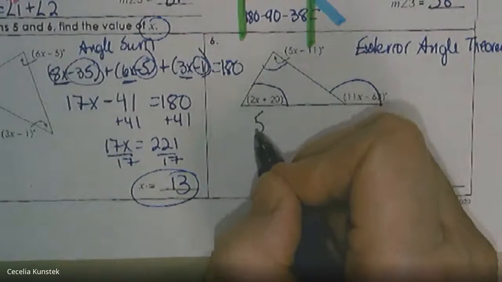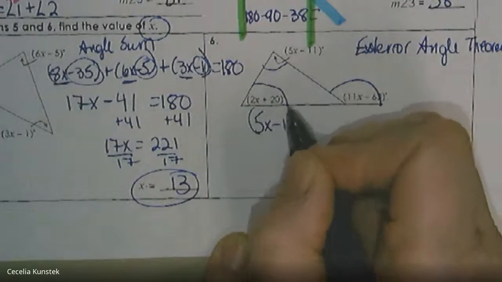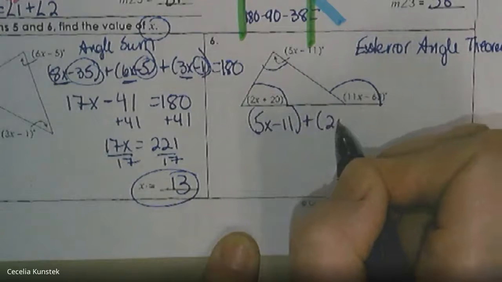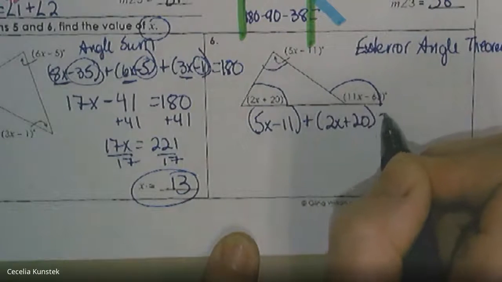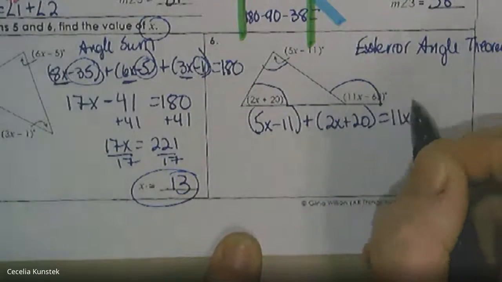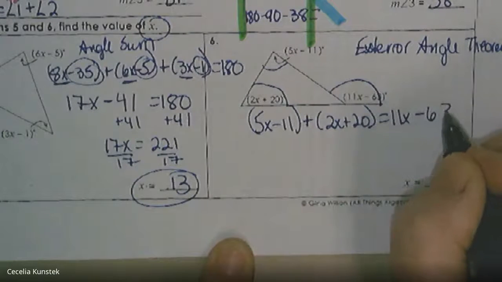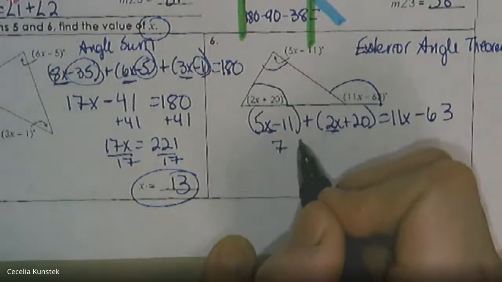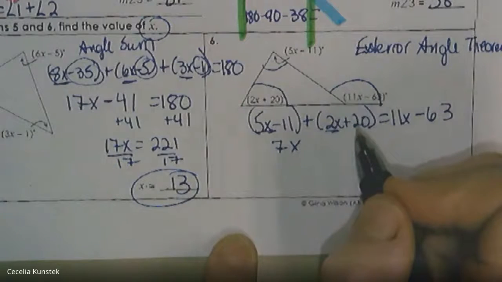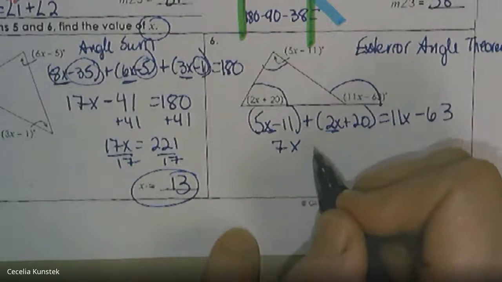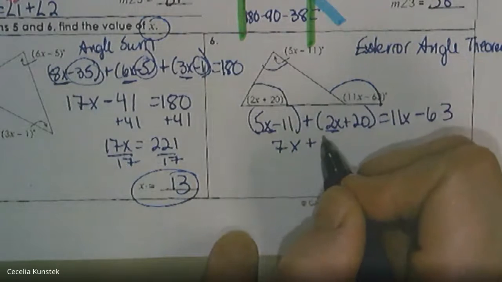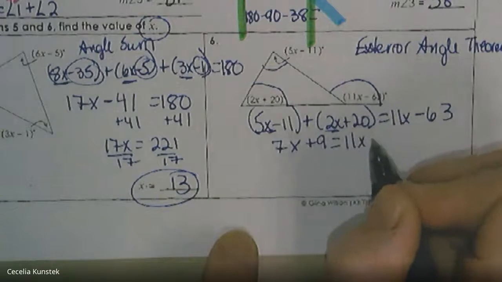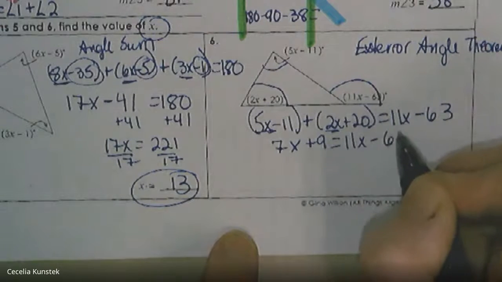So we know that 5x minus 11 plus 2x plus 20 is equal to 11x minus 63. So let's combine like terms. So we have 7x plus 9 is equal to 11x minus 63.